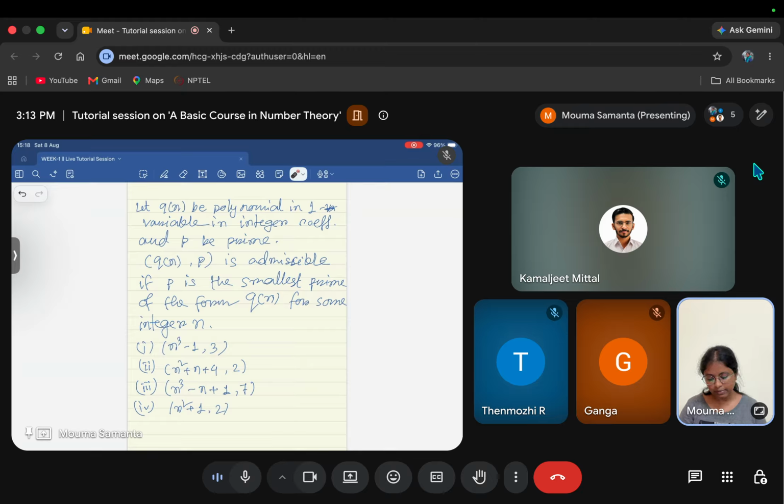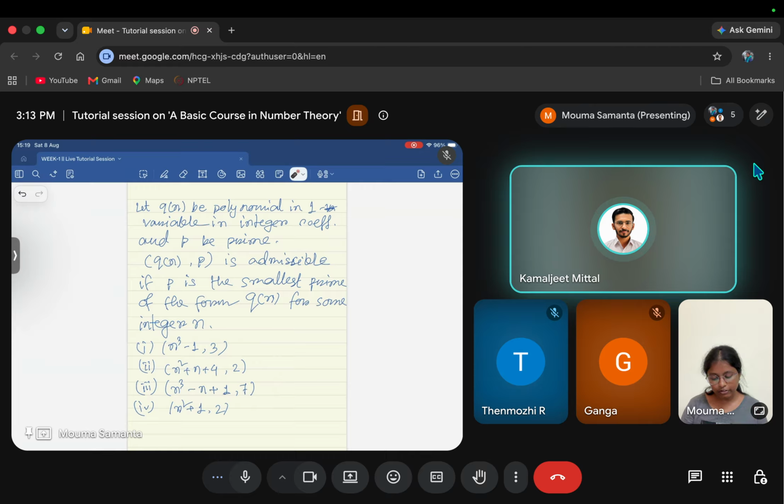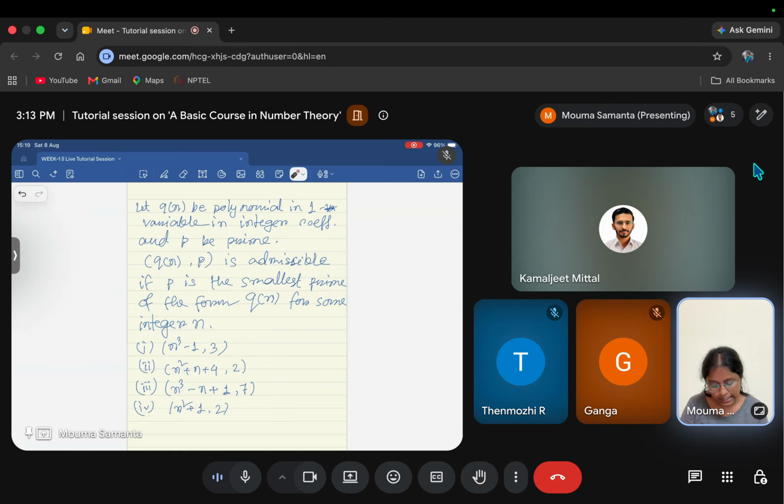For example, in this first option, you have to check whether we can get some prime smaller than 3. Which prime is smaller than 3? Only 2 is there. So you have to check for any integer n whether we can get the prime 2 in this first option.